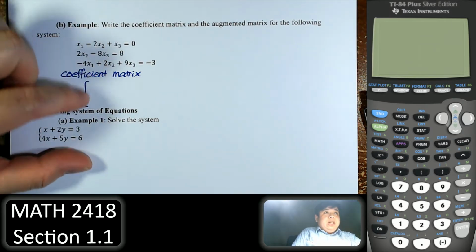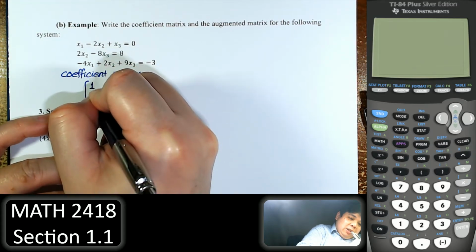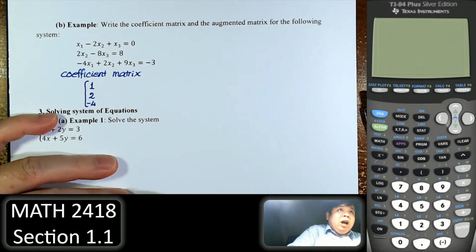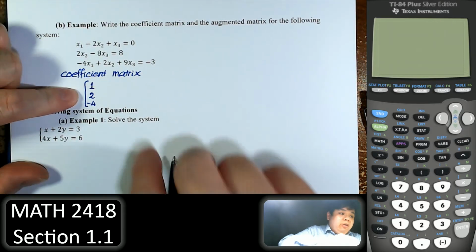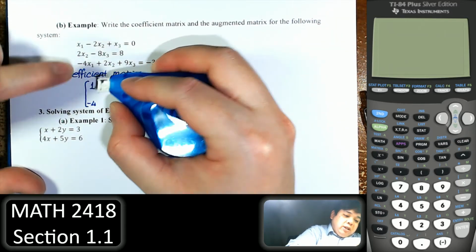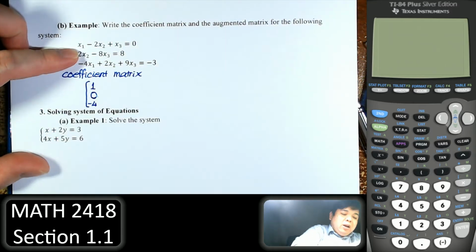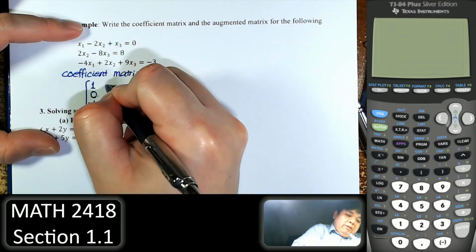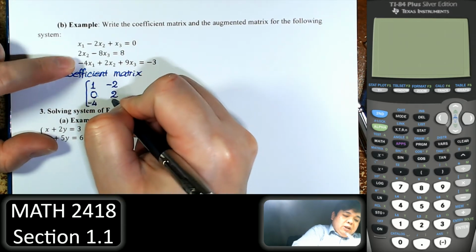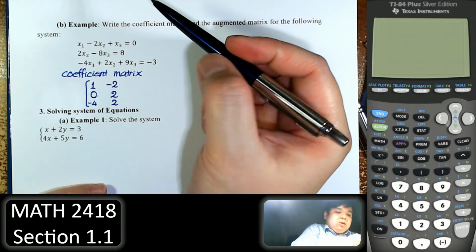The first column will be the coefficients for x1: 1, 2, and negative 4. Wait, not quite. The first one is the coefficient for x1, and then there's no x1 in this equation, so we're going to put 0 for it. Next, for x2 we have negative 2 for the first equation, and then 2, and then 2.